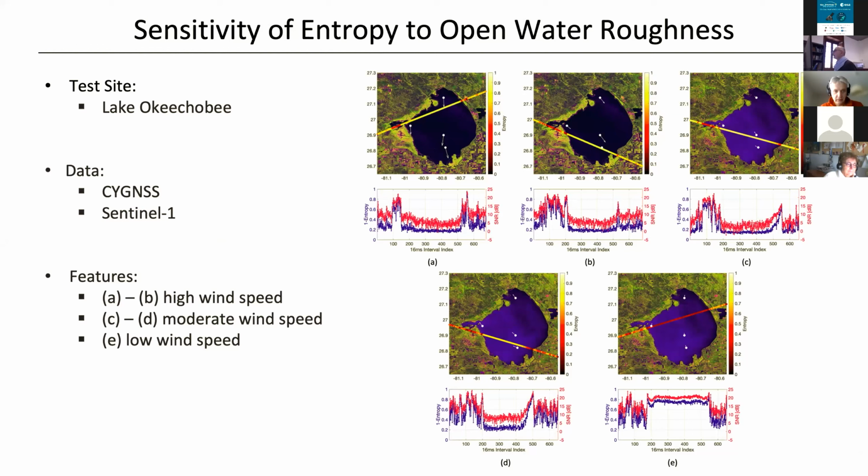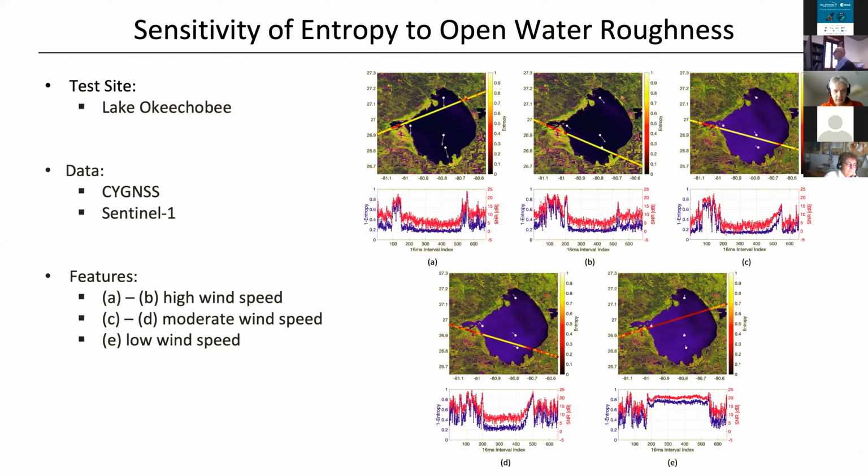On the surface of the lake, you can see that the entropy is close to 1. Otherwise, in the wetland zones along the border of the lake, we have lower entropy.